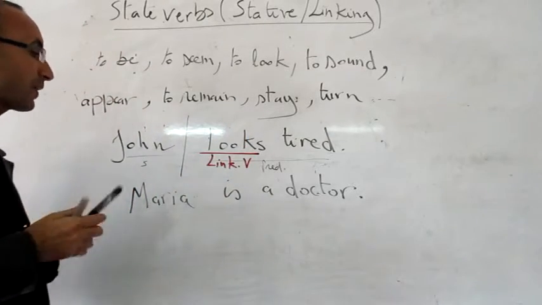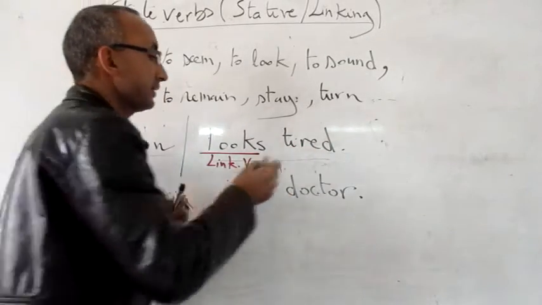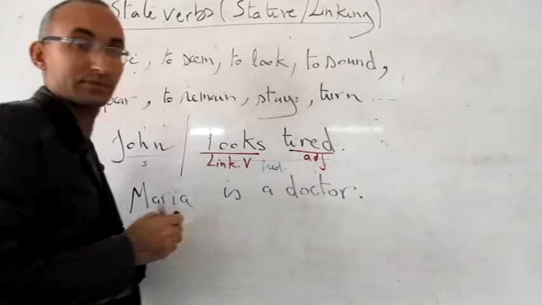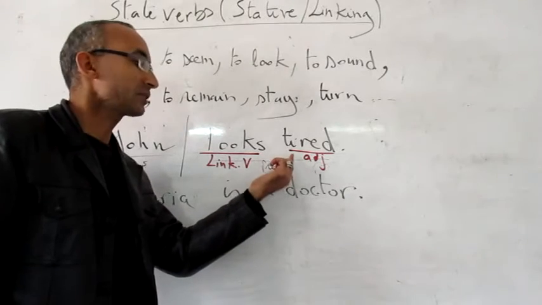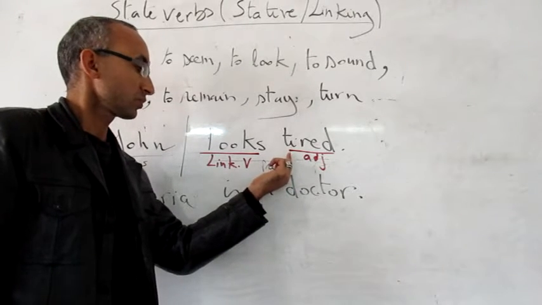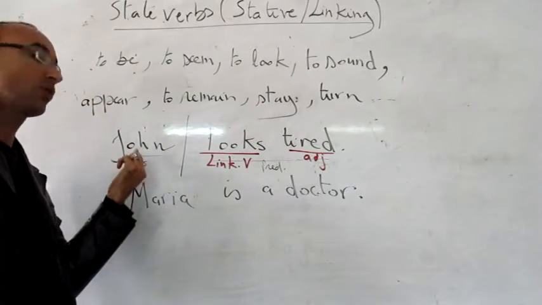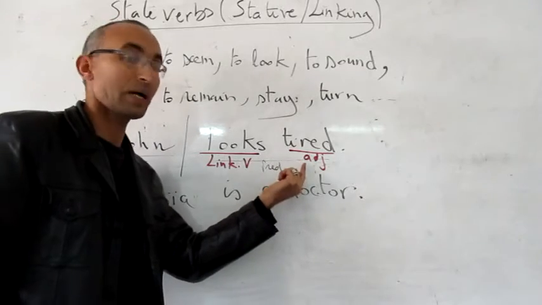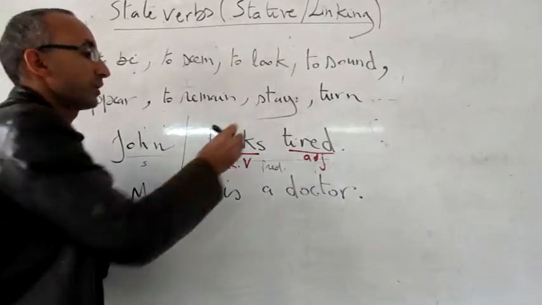Alright. Now what comes after it? Tired. Of course, tired is an adjective. But is this adjective related to looks or to the subject John? Who is tired here? Of course, as it is an adjective, it's going to modify a noun, which is John, the subject.